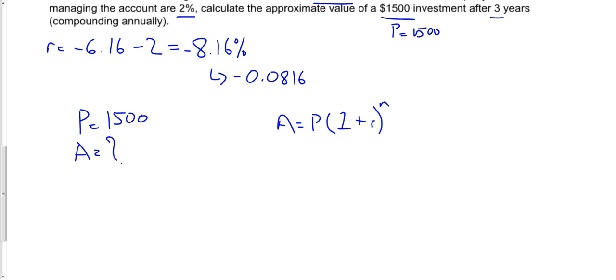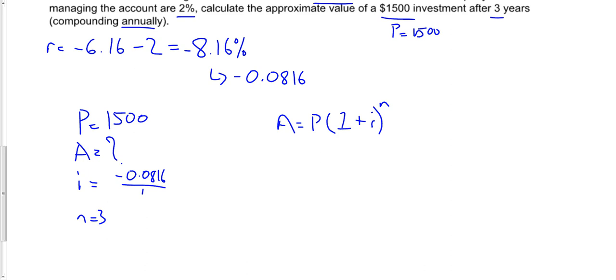Sorry, that's i, not R. We want to figure out what i is. So i is going to be negative 0.0816 divided by the number of compounding periods per year, and since it's being compounded annually, that's 1. And then n is after 3 years.